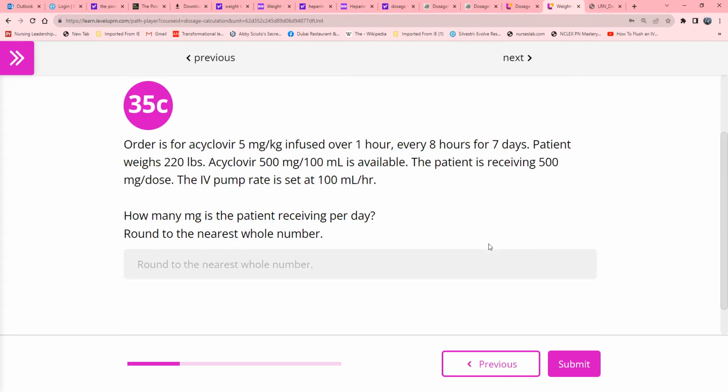Okay, so what's this one asking you? How many milligrams is the patient receiving per day? Okay, so you know that the patient is already receiving 100 mLs per hour.